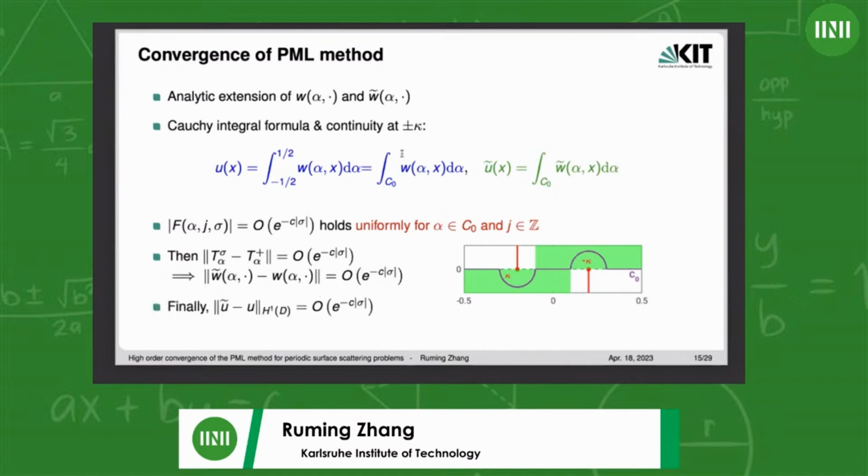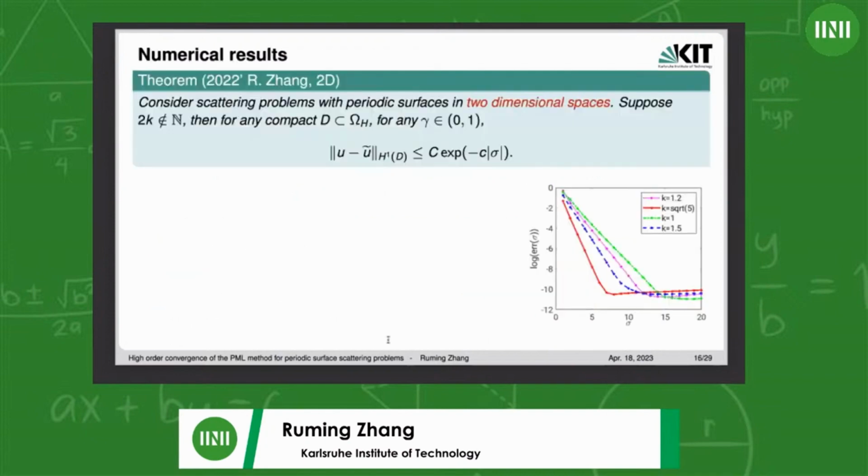Finally, from these two representations, we can easily get that for any compact subset D, the convergence of U tilde to U is exponential.